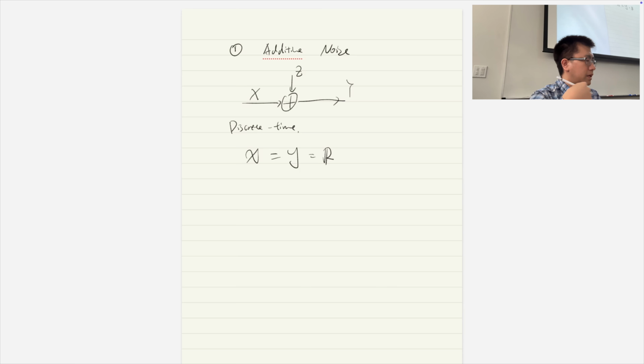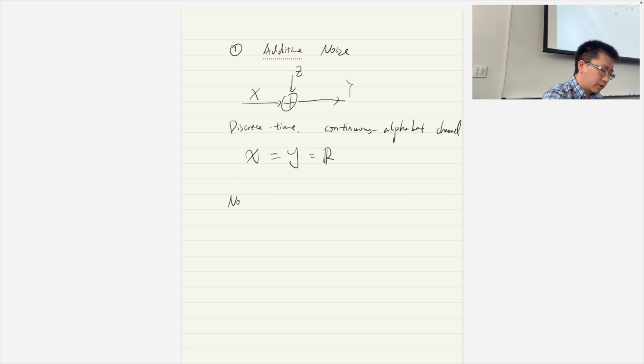It can be negative, positive, infinity, whatever. So it's a continuous alphabet channel. We're still considering digital communication, nothing to do with analog communication, but later we're going to see that we can use the Nyquist sampling theorem to convert it somehow.